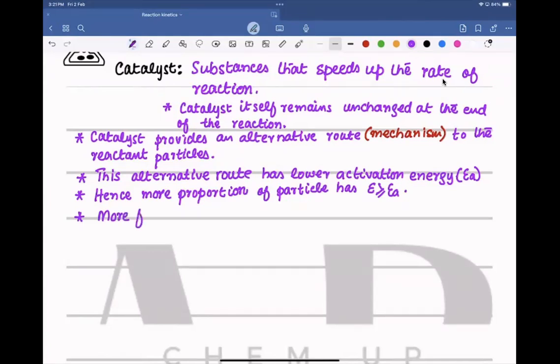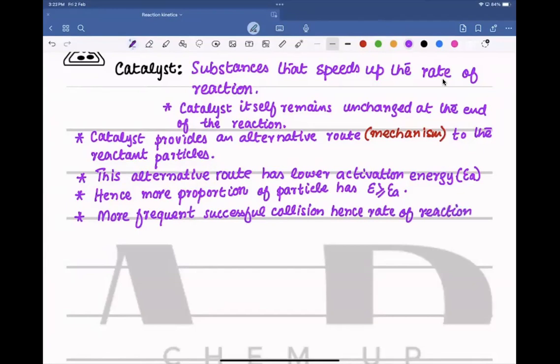Now what will happen as a result? More frequent successful collisions, hence the rate of reaction will increase.